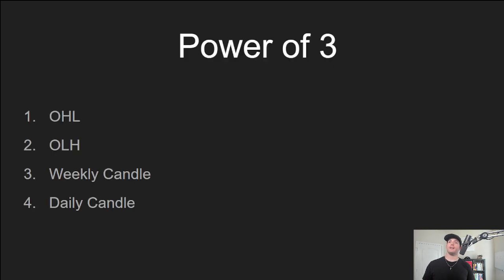So now when we break that down to our power of three, we just want to focus on the beginning of the candle. So open, high, low, or open, low, high. And we'll look at this mostly on our weekly and daily candles. So for example, if it's going to be a bullish candle, what would we assume are going to be the first two moves?